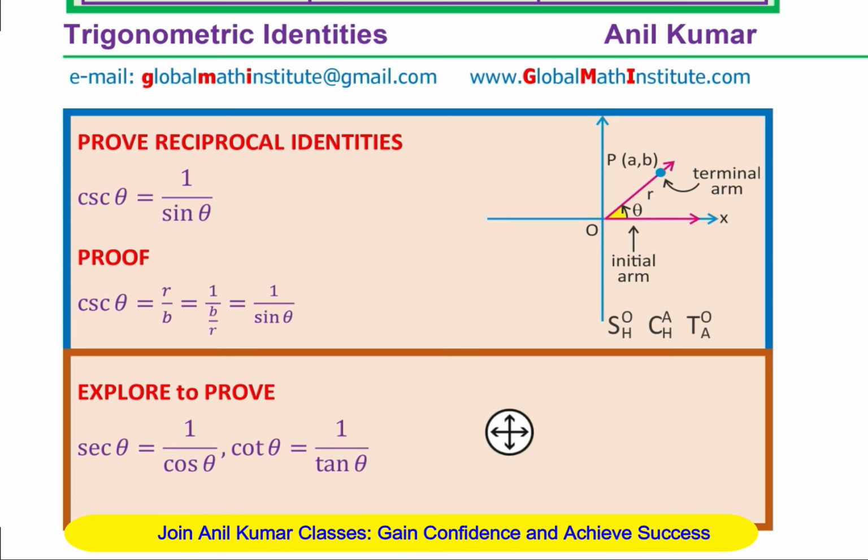We just proved that if we start with the left hand side, which is r over y, we can divide by r, so we get 1 over y over r, which is 1 over sin theta, correct? I'd like you to prove this identity from right to left also. That gives you confidence in working with these identities and in how we prove them.